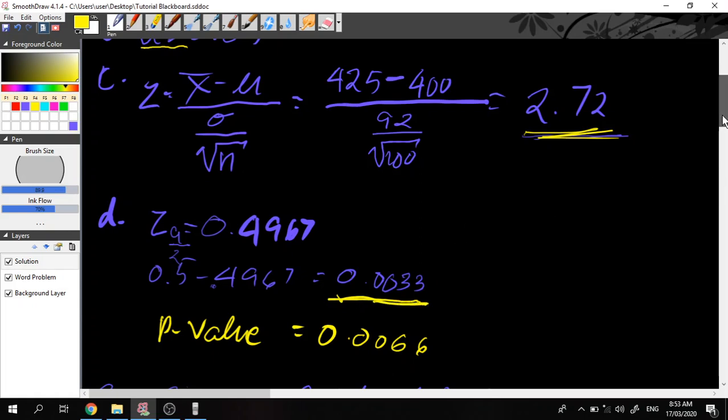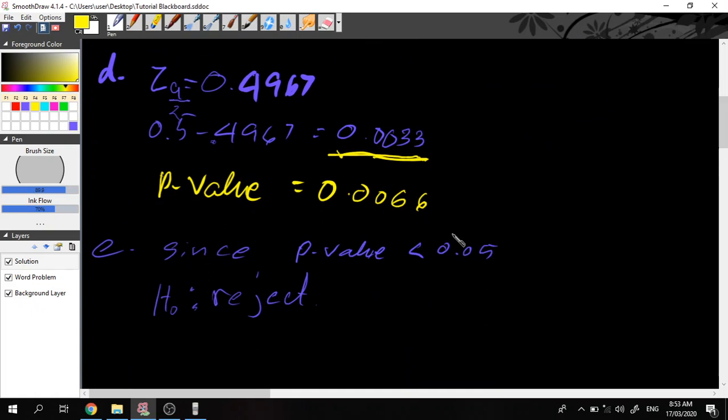Then, after that, tingnan mo kung yung iyong p-value ay less than 0.05, we reject H0.